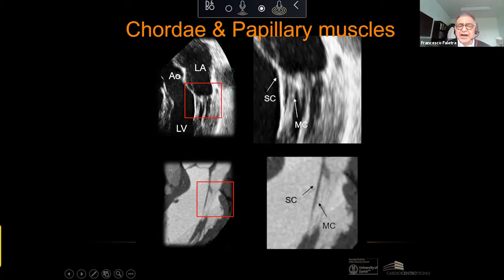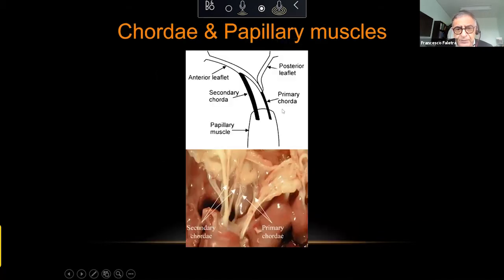Probably because they are in tension either in systole or in diastole. There are other reasons, but so far we stop here, and then we will continue if there are some questions. But remember, strut chordae and marginal chordae are the most important.